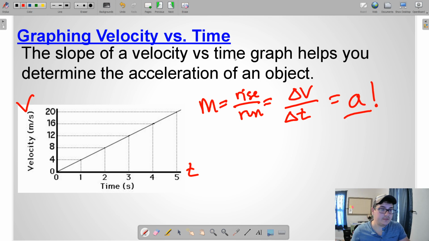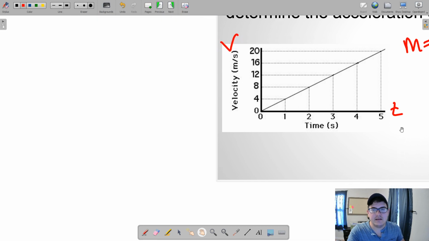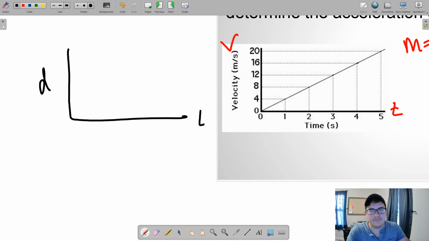So here's what you should be able to do at this point. There are two types of graphs that we've seen. We've seen a displacement versus time graph and a velocity versus time graph.